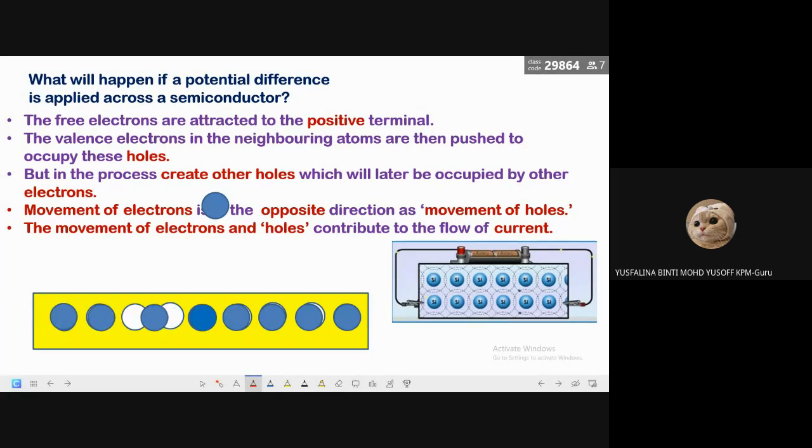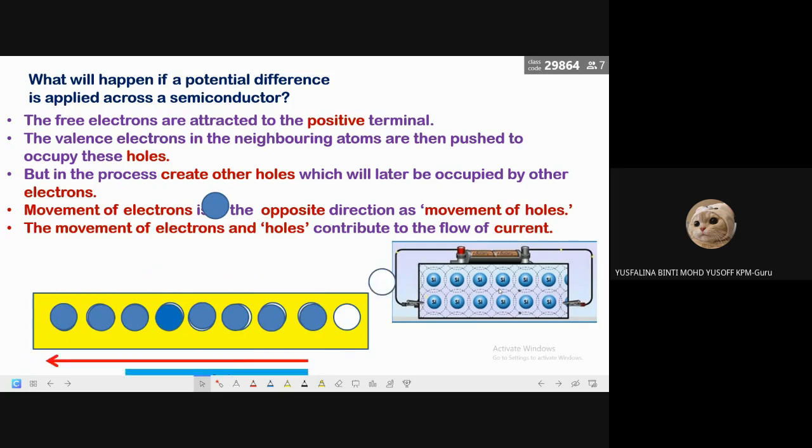Just now we have free electrons, right? When you supply the energy, they can break away from the bond, and after that the free electrons can move. So the free electrons will go to the positive terminal.